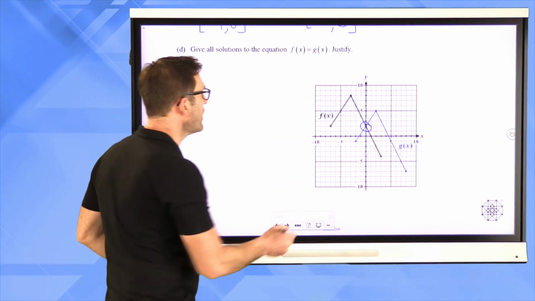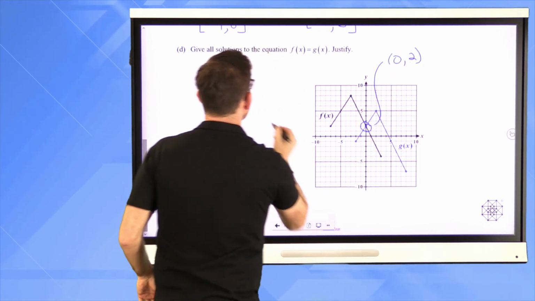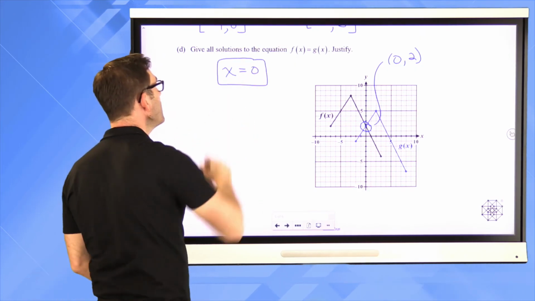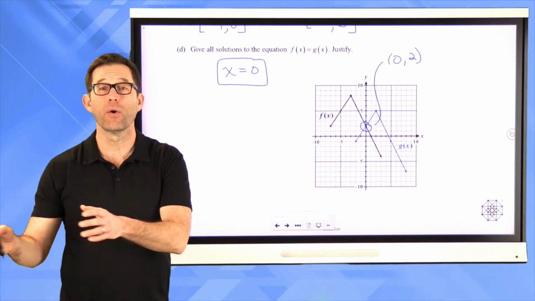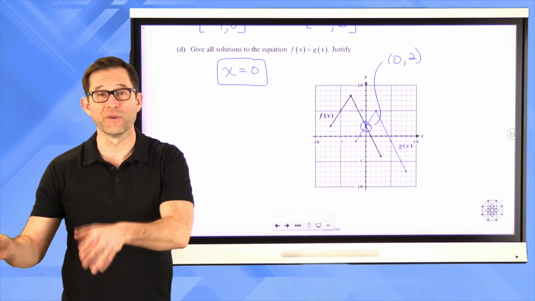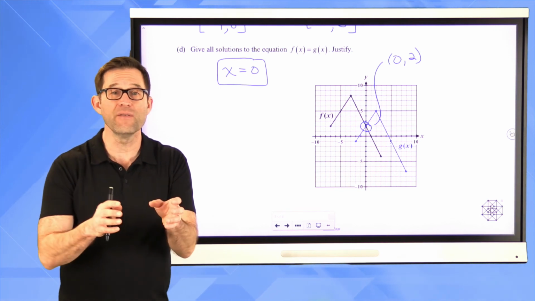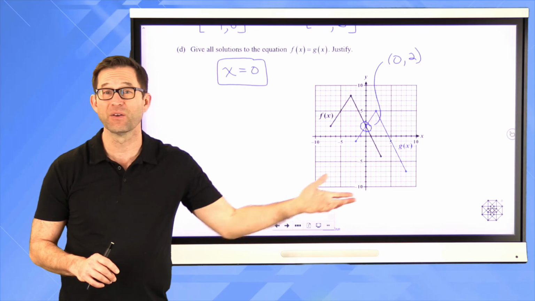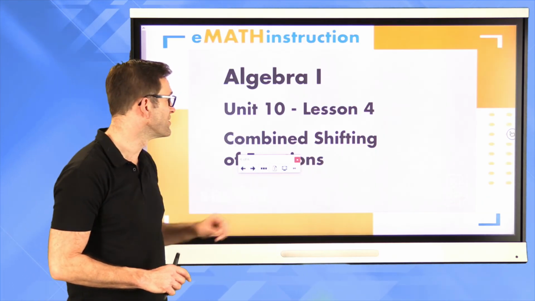So these two intersect at the point (0, 2), but the solution to this equation is x equals 0. When x is equal to 0, f of 0 is 2, and g of 0 is 2. So there's an x value where the f and g values are the same, where they're equal. And that's it, x equals 0. It's our only solution.